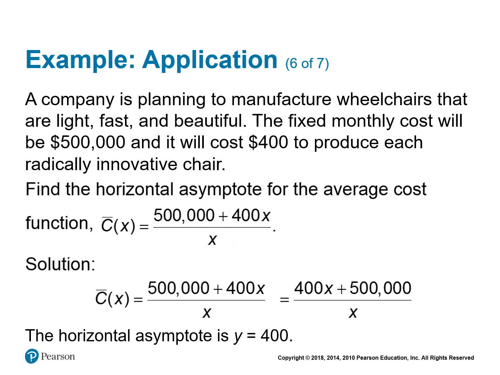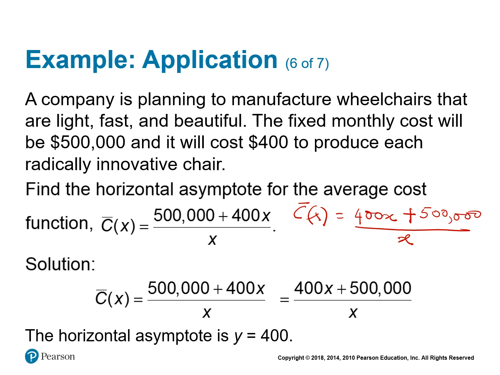So as a first exercise, I'm going to rewrite the function as 400x has to come first as the first term. That's the leading term here. And then 500,000 divided by x. So now that we have arranged it, there's nothing to arrange in the denominator because there's only one term in it.